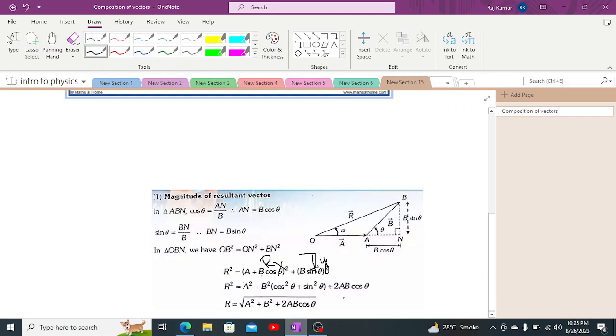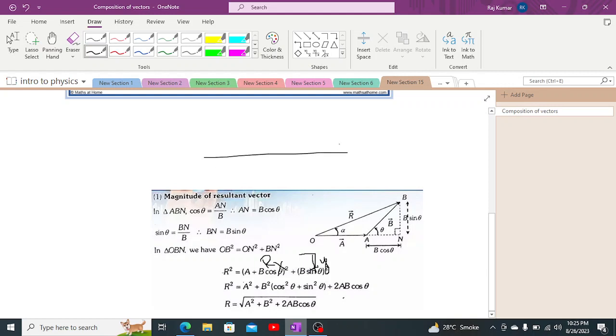Now why do we add the value of Rx as A plus B cos theta whole square, whereas in Ry we have only added B sin theta whole square? What is the reason?